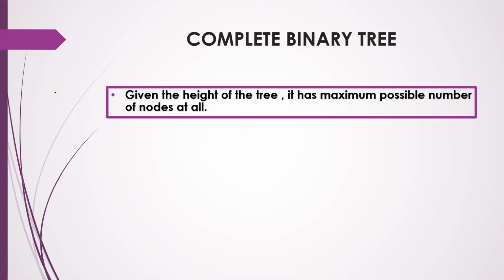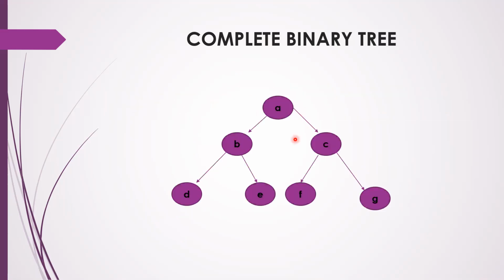And if you see the complete binary tree, given the height of the tree, it has the maximum possible number of nodes at all levels. So in a complete tree, you don't have any spaces left. For example, if you see here, A has 2 children.